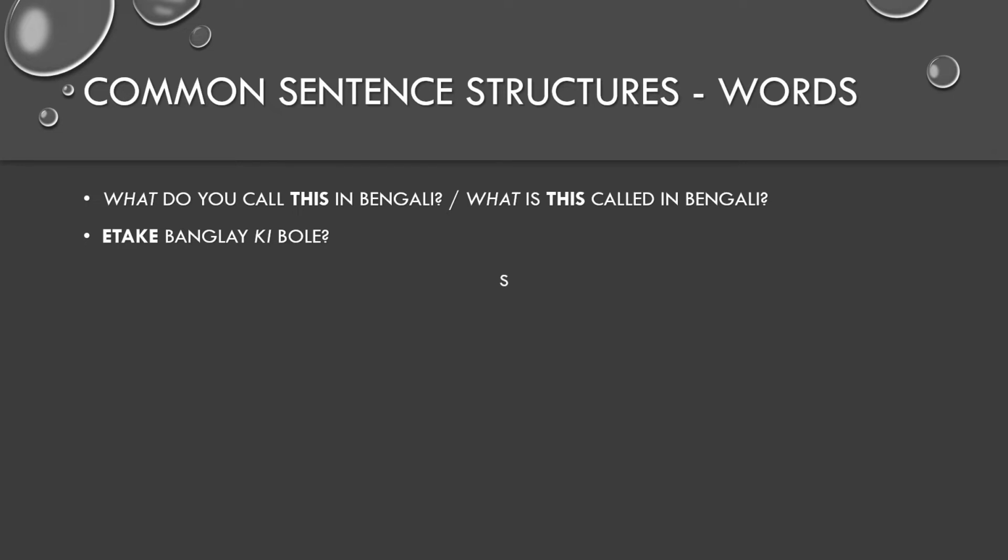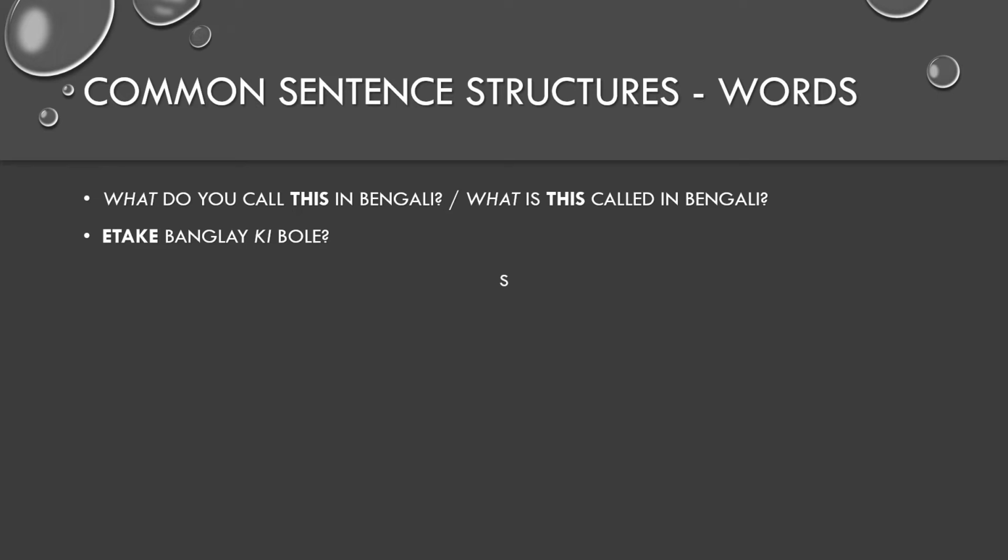Now, before we proceed further, let me clarify something. If you see the English sentence, the subject here is you. What do you call this? So, if we go by that, the Bengali should have become tumi bolo, right? You call is literally translated to Bengali as tumi bolo, but you don't see that in the Bengali sentence at all.